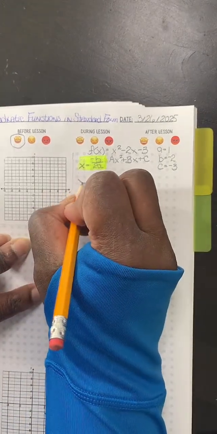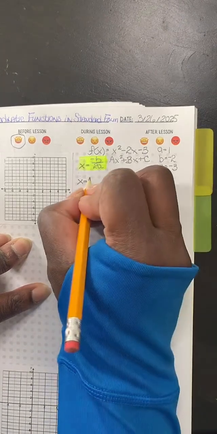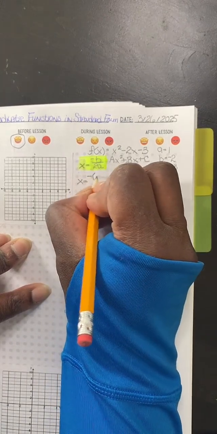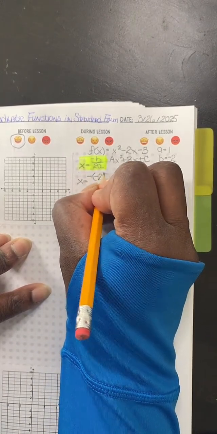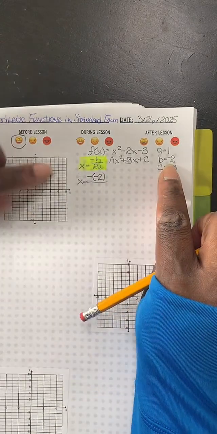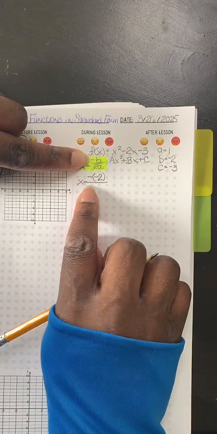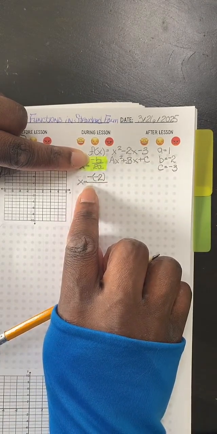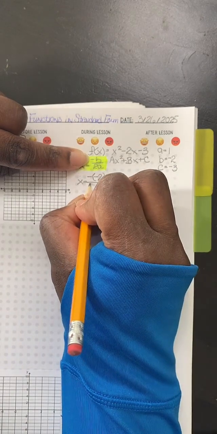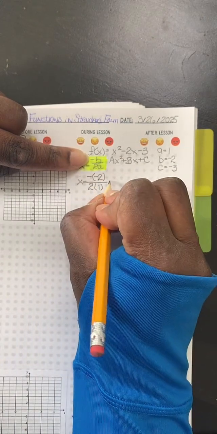So x equals the negative of my b, so it's going to be a negative parenthesis negative 2, because I'm only replacing the b with the negative 2. This negative symbol is coming with the equation. Now 2 times my a, and my a is 1.